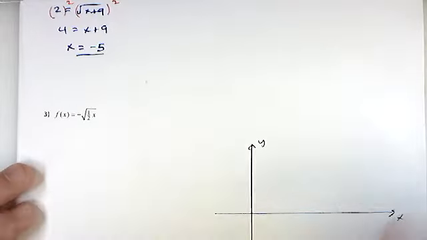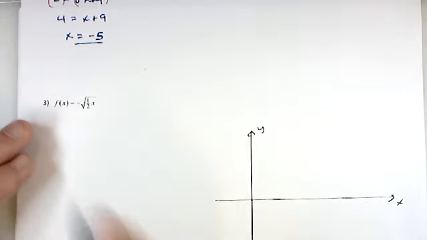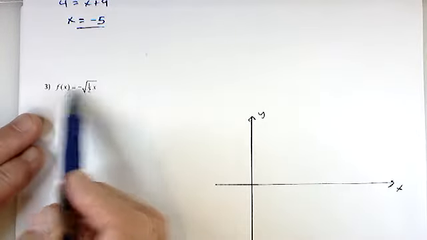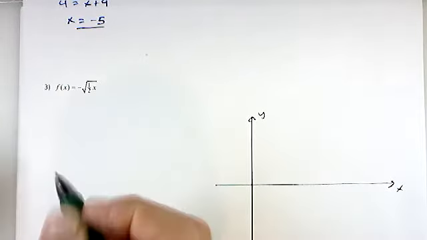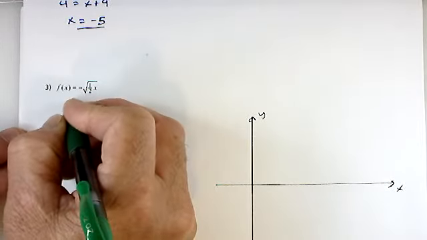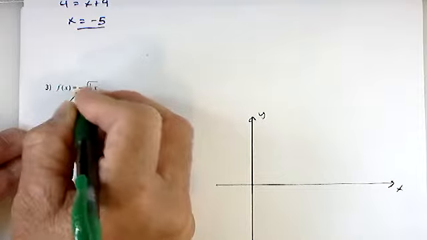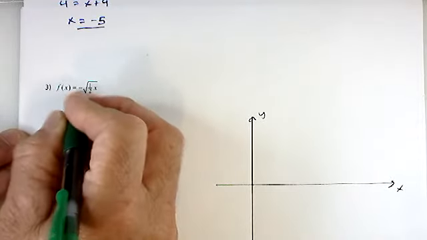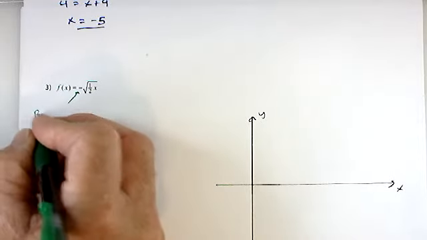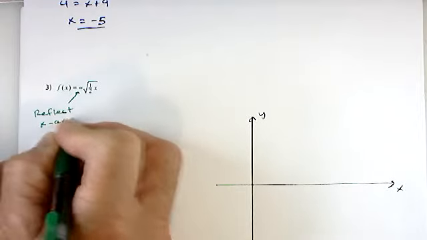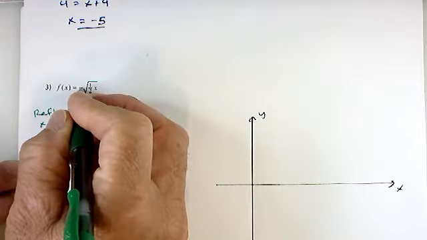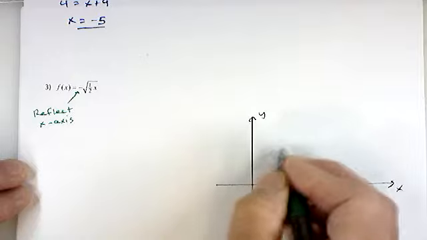Okay. Here's another one. I've got f of x equals negative square root of 1/2 x. Let's identify the transformations. We know the negative outside the function, remember that's going to affect your y values. That's going to reflect about the x-axis. I know that's a little weird when I say it affects the y values, so it's reflecting around the x-axis, but think about that.